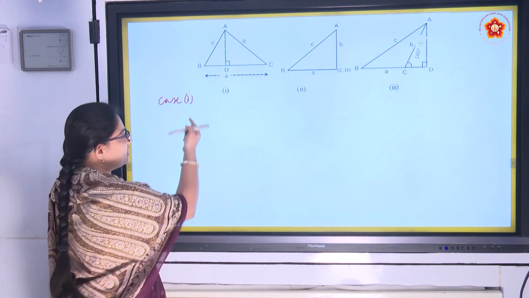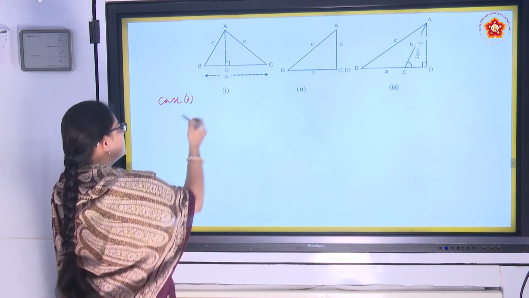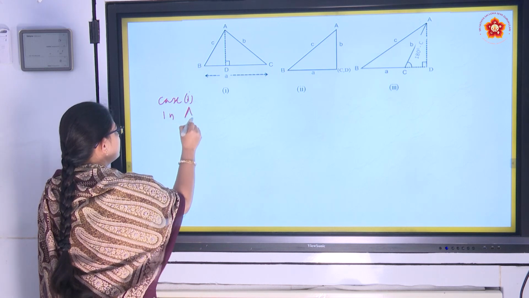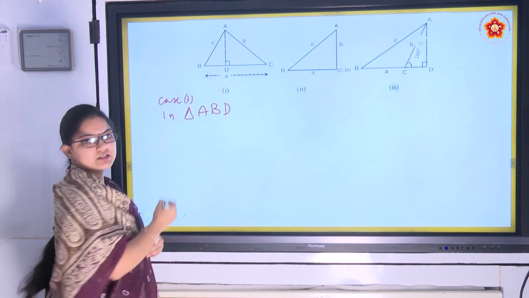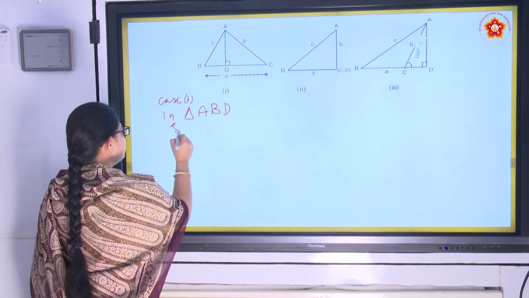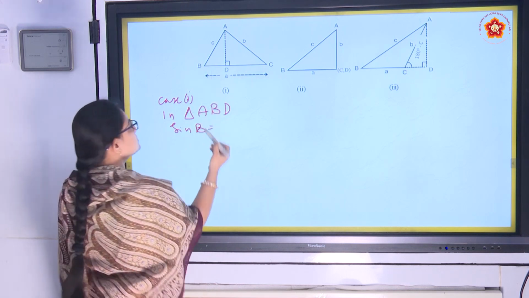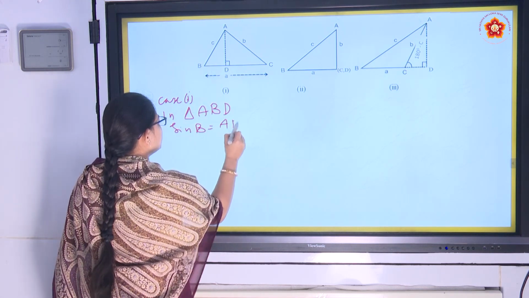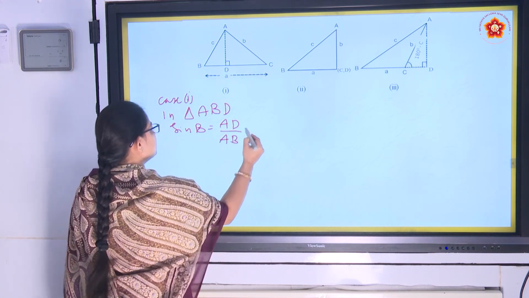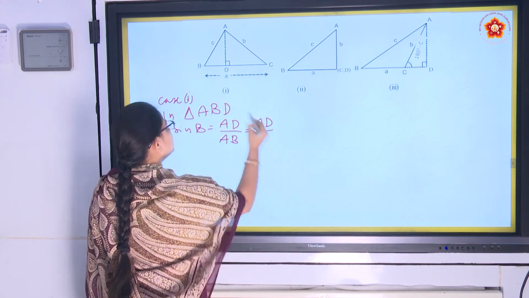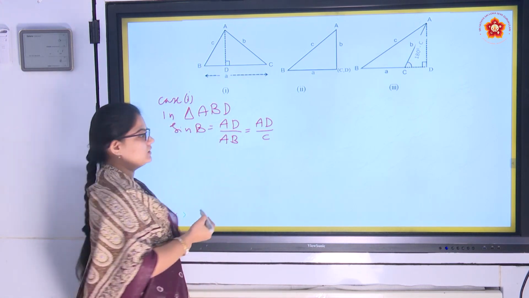But we need to take the right angle triangle with respect to that angle B. We can consider triangle ABD, where sine B is opposite by hypotenuse. The opposite side is AD divided by hypotenuse AB, and AB is nothing but side c. So sine B is AD by c.